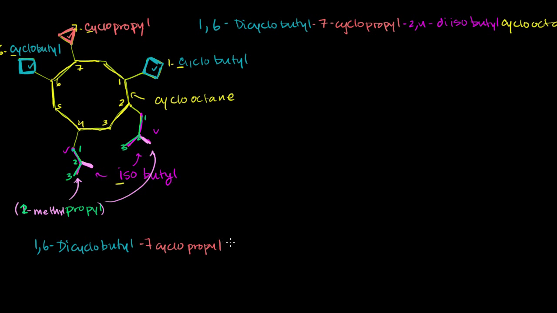So at 2 and 4, we have 2, comma 4, bis 2-methyl propyl. So this part right here is the exact same part as that part right there. This is the common name. This is the systematic naming. And then we have our cyclooctane.